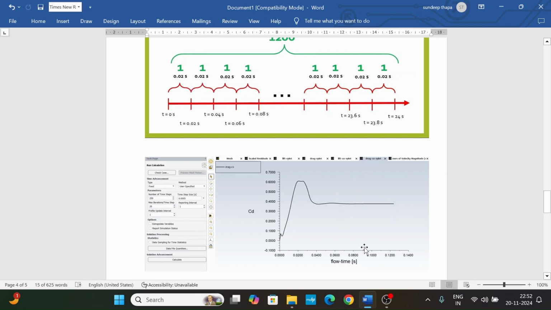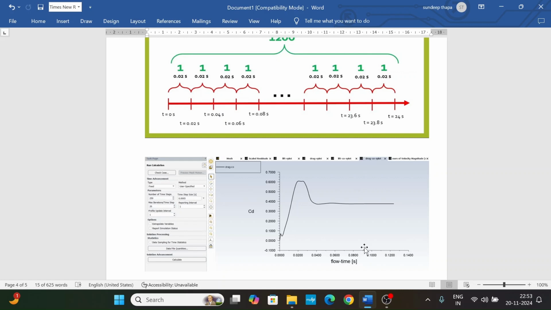For a transient simulation, you will stop your simulation where the property you are interested in stops changing. Like here I have shown drag coefficient. If you are interested in velocity, or in pressure, whatever that is, it is up to one's choice. Whenever you see that the property is constant over time, that is when you know that your simulation has reached steady state, which means the property won't change.